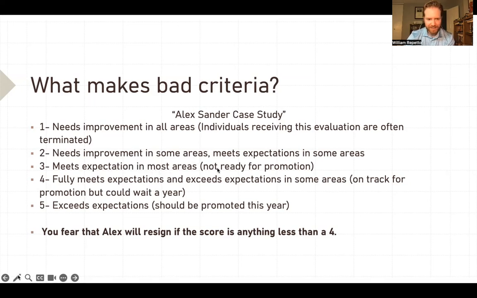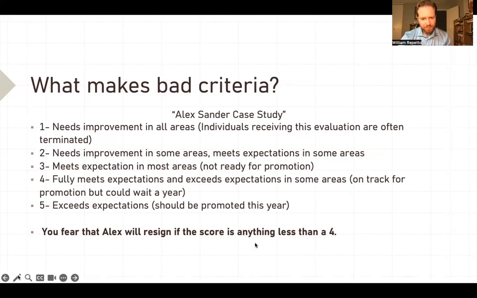And then for some reason, a better ranking exceeds in some areas, which again, it's not really clear how many that means. And then at 1, needs improvement in all areas, but for some reason they get a point and are often terminated. So they get 1 point, but are probably going to get fired. Again, you question the basis of the numbers. Should this maybe have started at 0? Because it means they're going to fail.